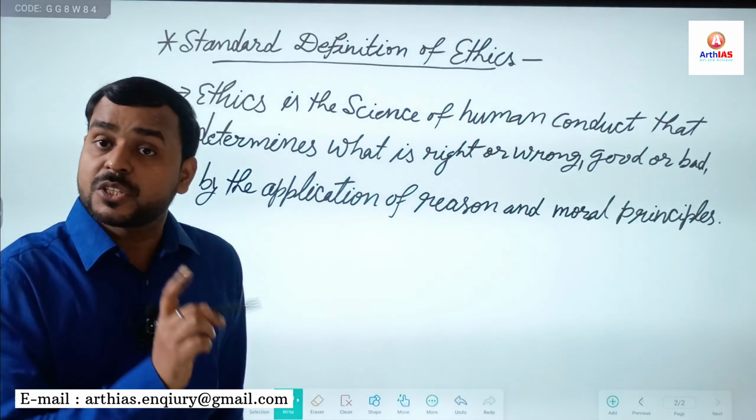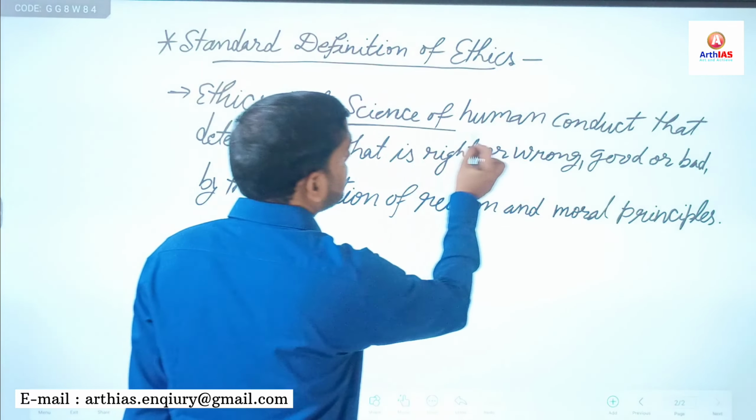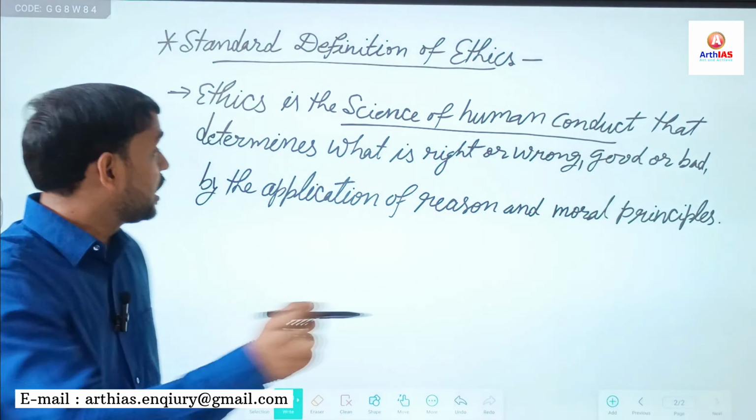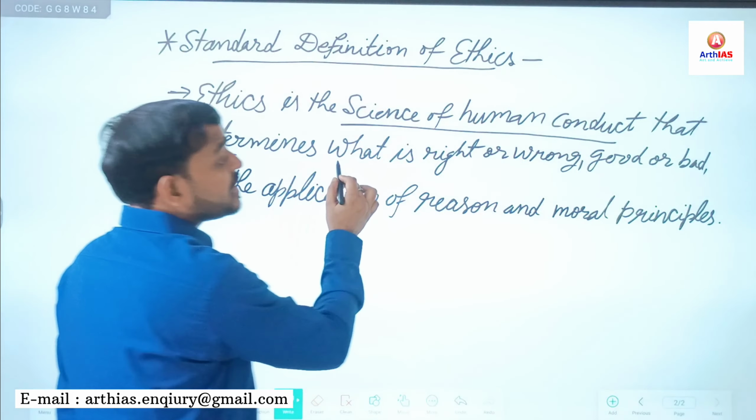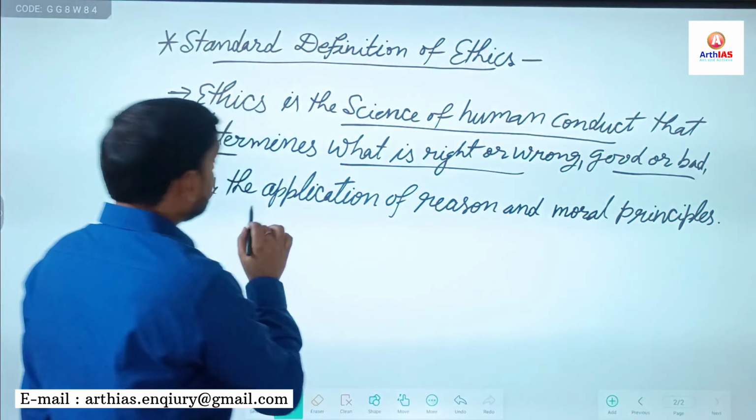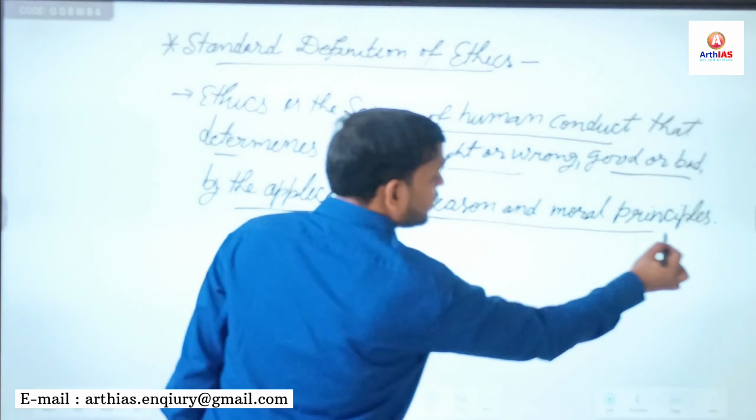That is the standard definition of ethics. I have already explained why ethics is called the science of human conduct. Now, that determines what is right or wrong, good or bad, by the application of reason and moral principles.